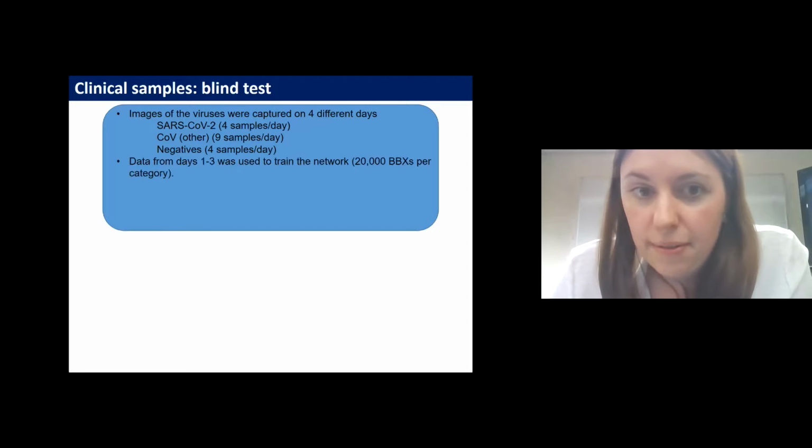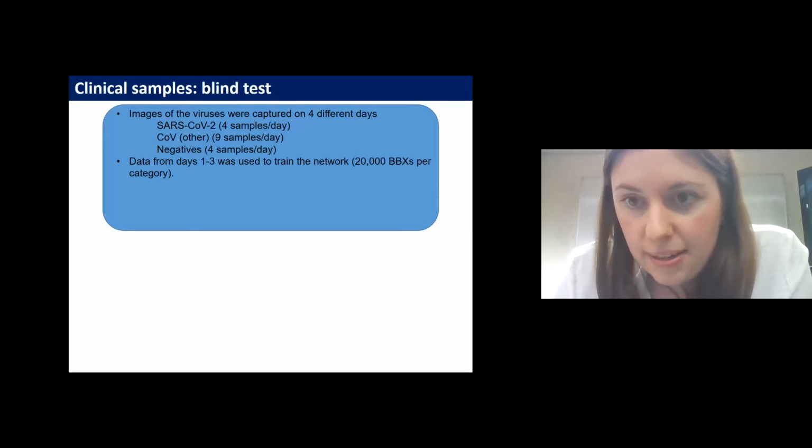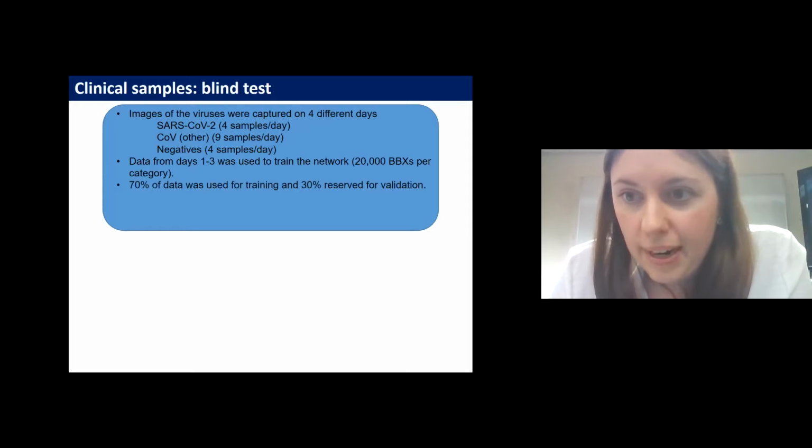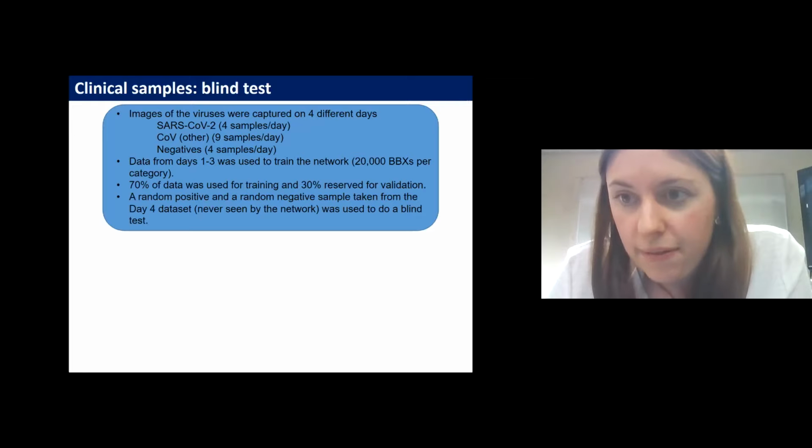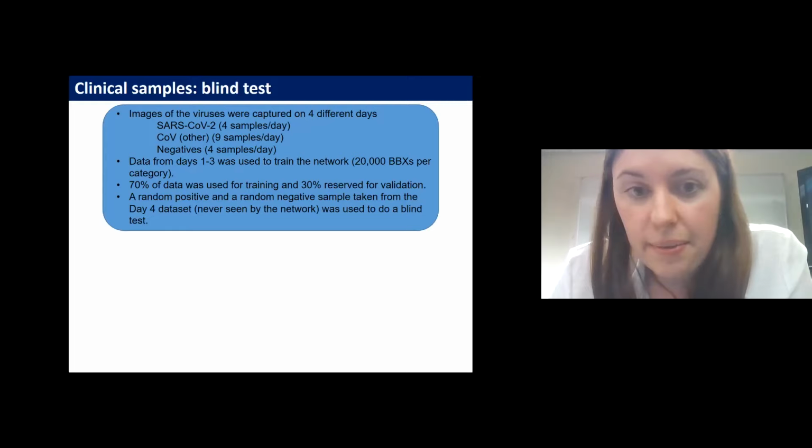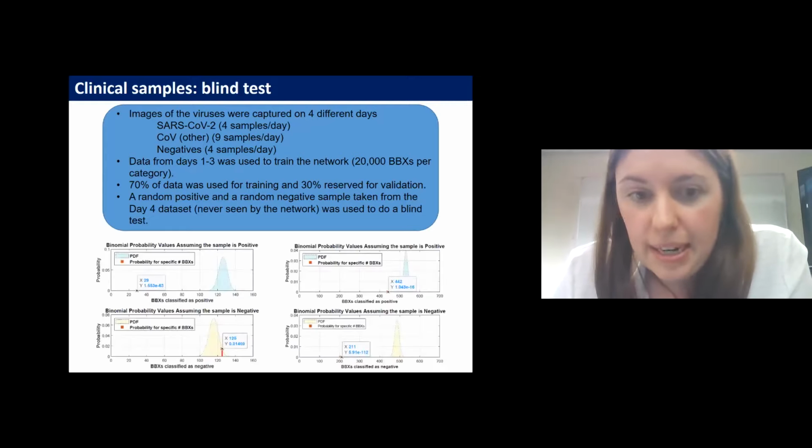We used the data from days 1 to 3 to train the network using around 20,000 bounding boxes per category. And we divided that data into 70% used for training and 30% for validation. And then we used a random sample from day 4. So this is data that the network has never seen before during the training or validation, to do a blind test.